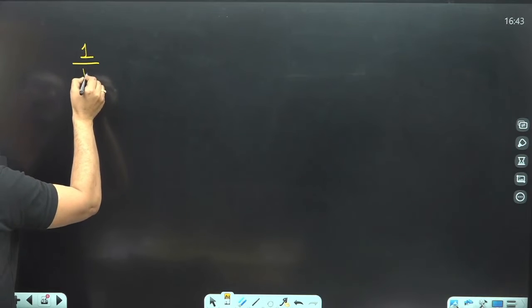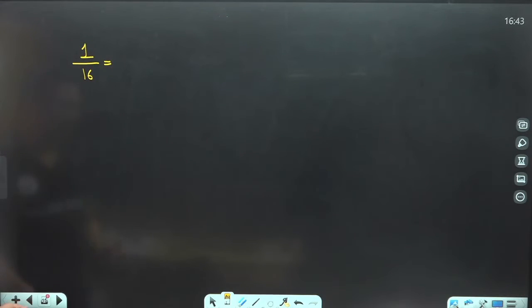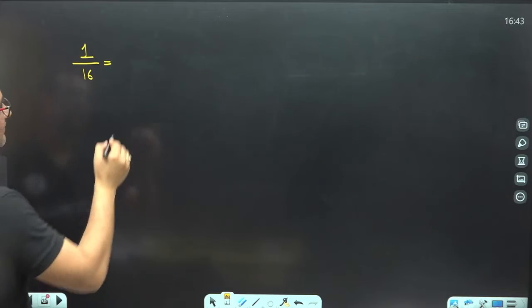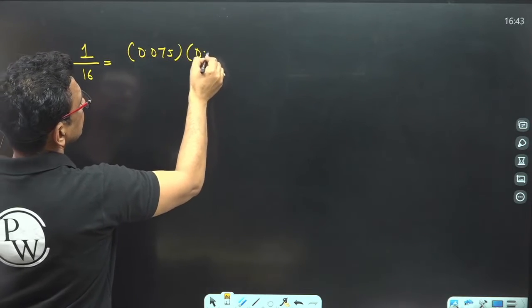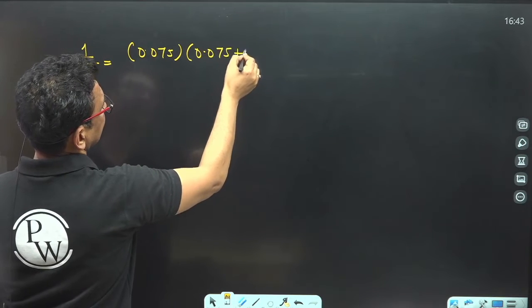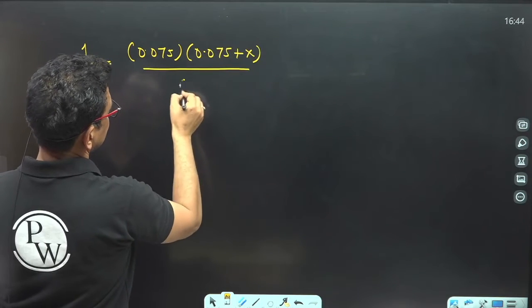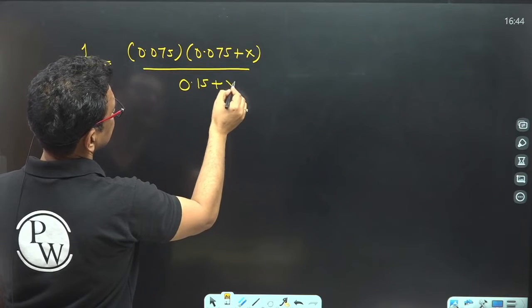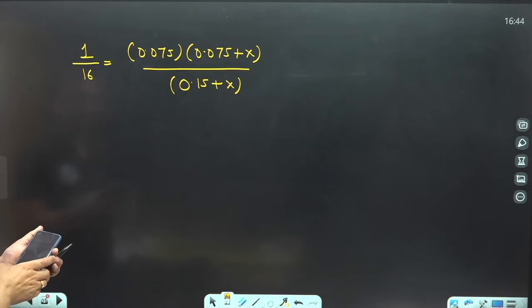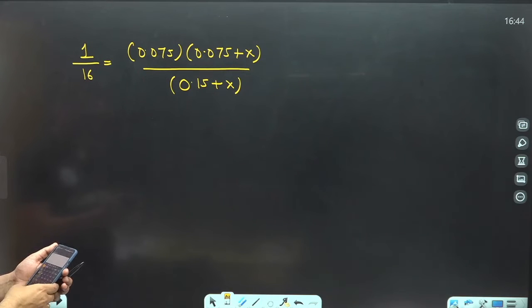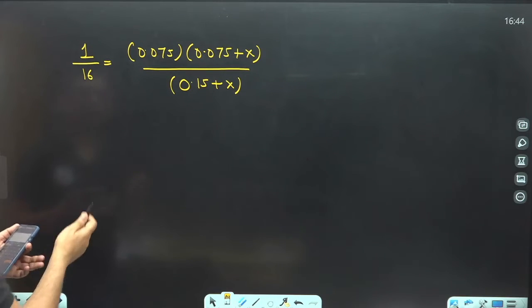Now 1 upon 16 is equivalent to 0.075 plus X, 0.15 plus X, and then find out the value of X. So 16 into 0.075 is 1.2.